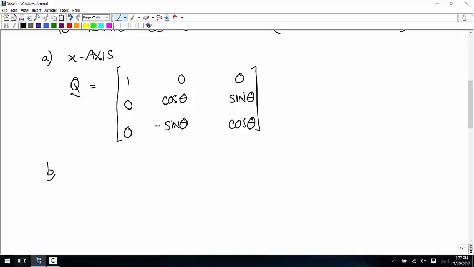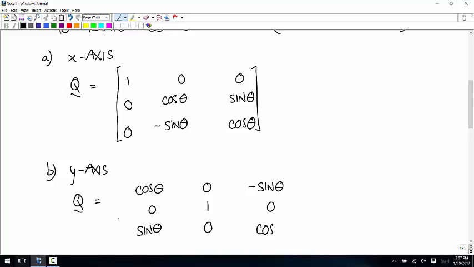To rotate about the y-axis according to the right-hand rule, the rotation matrix is cosine theta, 0, negative sine theta; 0, 1, 0; sine theta, 0, cosine theta.